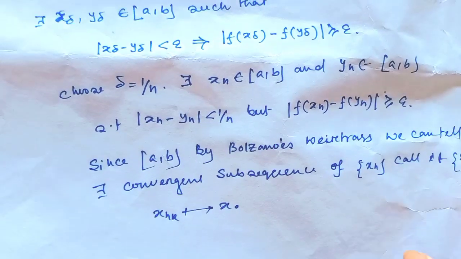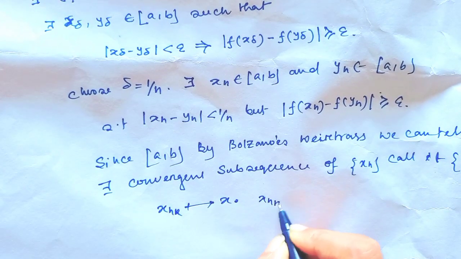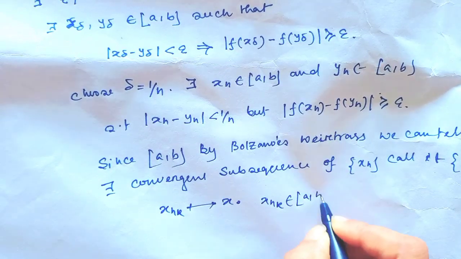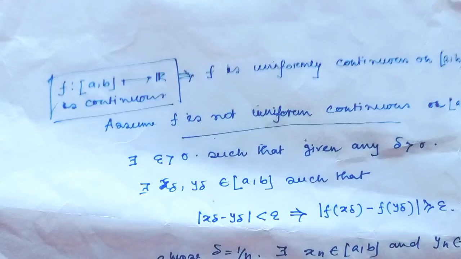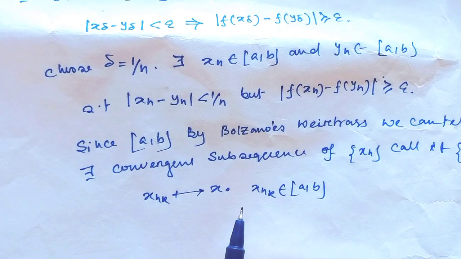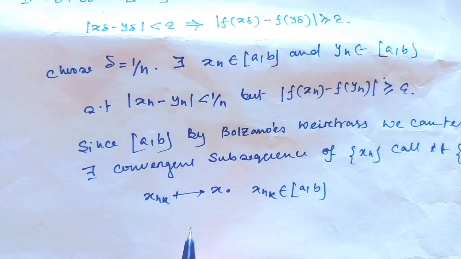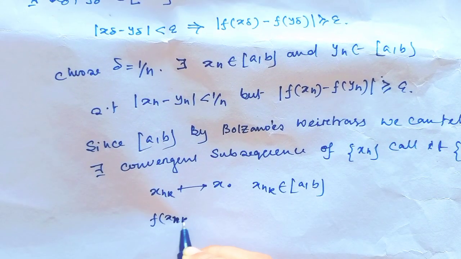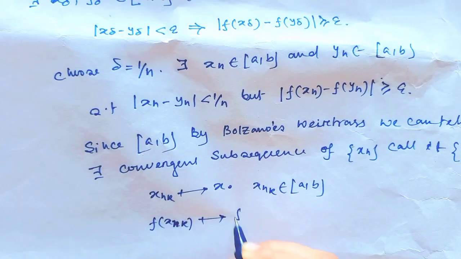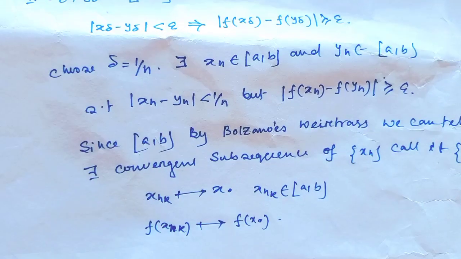Since xnk belongs to the closed interval AB and the function is continuous, xnk goes to x0. That implies obviously f of xnk goes to f of x0 by the result of continuity.